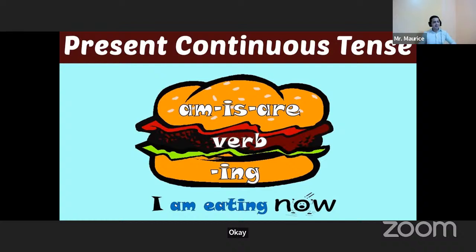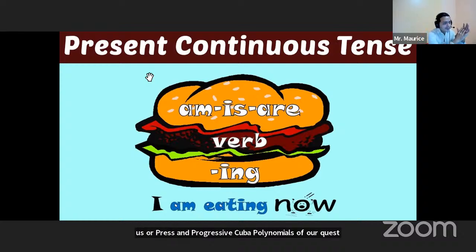Okay, so this is the present continuous tense. In other words, it's like a hamburger. You see? Pues tenemos más o menos parecido a la hamburguesa lo que es la forma del present continuous o present progressive. Como pueden observar, como le he estado repitiendo, los dos aspectos más sobresalientes de este tiempo en su estructura son el verbo to be, como usted observa en la parte superior, en sus tres opciones en presente, ¿ok?